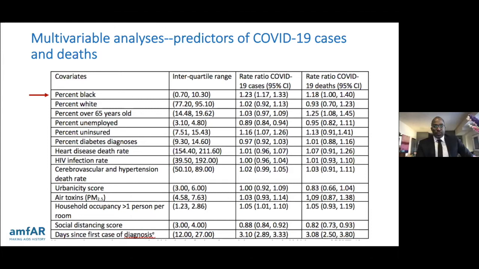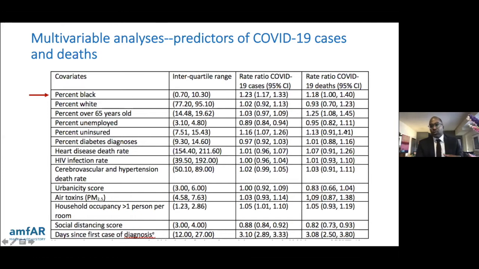We also saw that less social distancing was associated with higher COVID-19 cases. Last, we also saw that people who were unemployed were less likely to have COVID-19, and that certainly makes sense because African Americans are more likely to be employed as essential workers, which places them at greater contact with COVID-19. So if you're unemployed, you're less likely to have COVID-19.